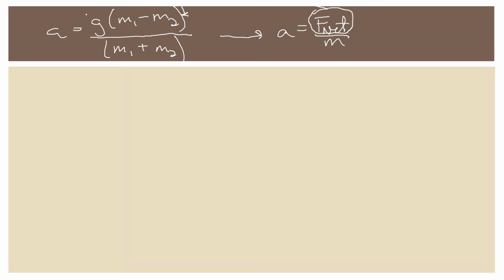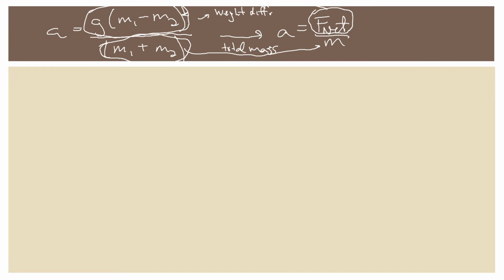And so here, the F net is the weight difference. And m1 plus m2 here is your total mass. And both of them have an impact on the acceleration.